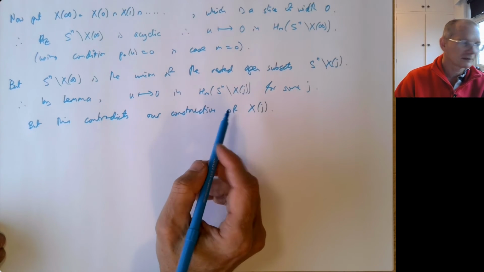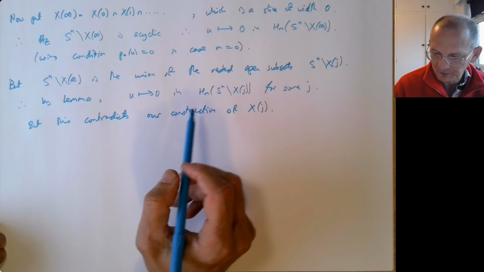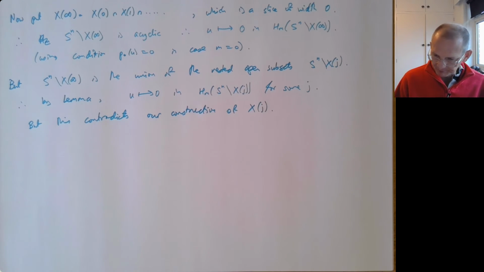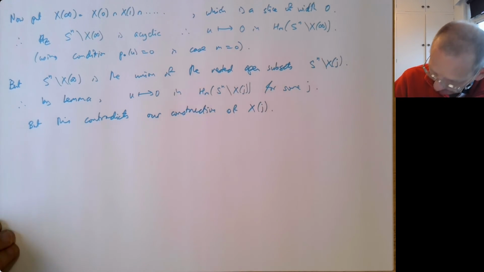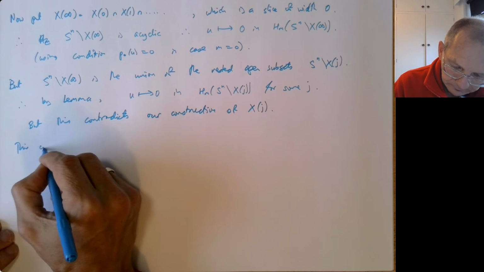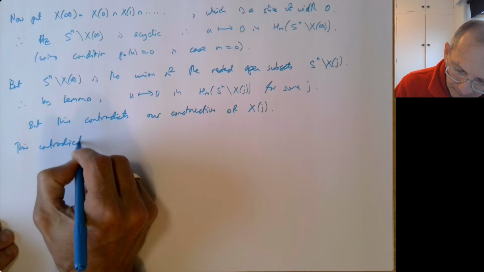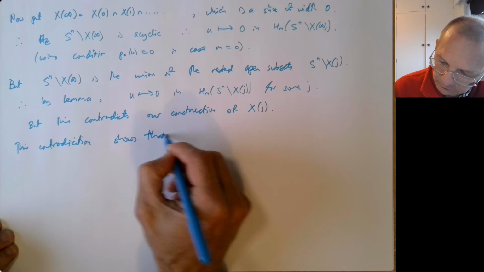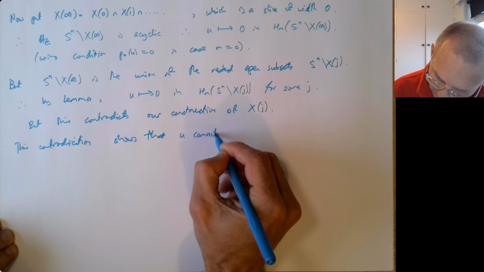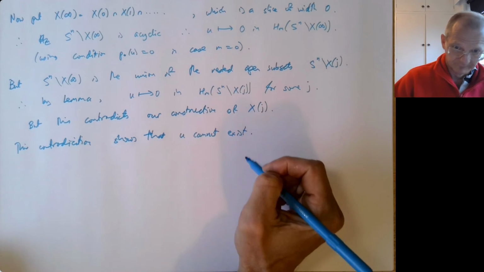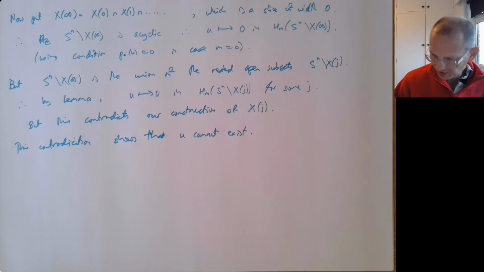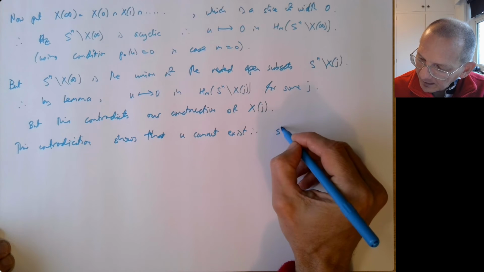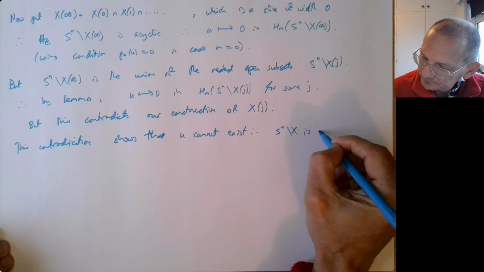But the whole point about how we constructed X_j was that U doesn't go to 0 in the complement of X_j. So this is a contradiction. So this shows that this element U that we imagined at the beginning cannot exist, and therefore that S^n less X is acyclic.